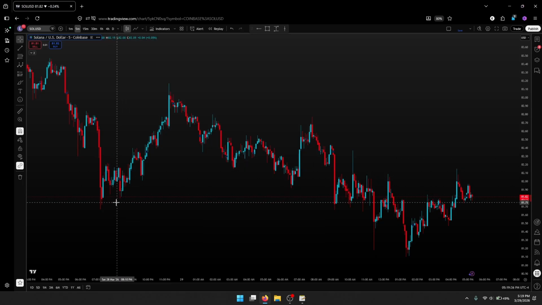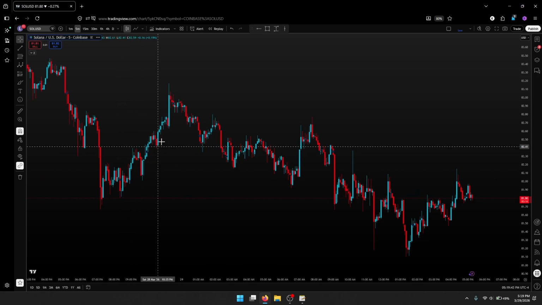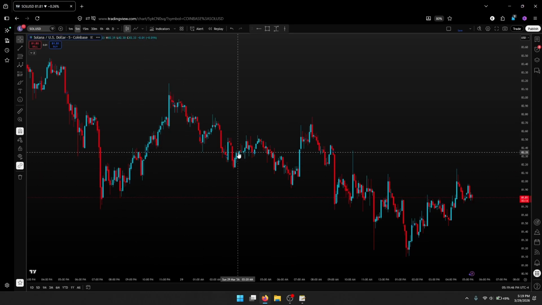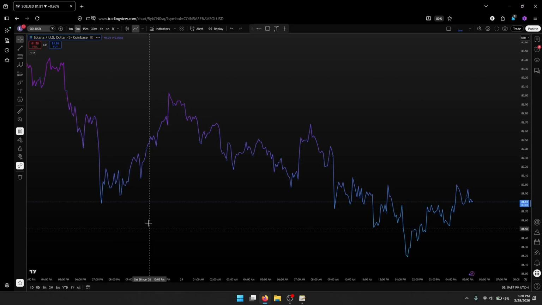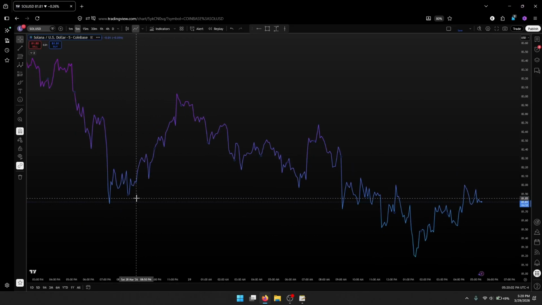Then we get a lower high and a lower low, but we're still going up. What I used to do when I didn't know how to really identify a trend was go into the main type of charts, and it really shows you what the price is actually doing.